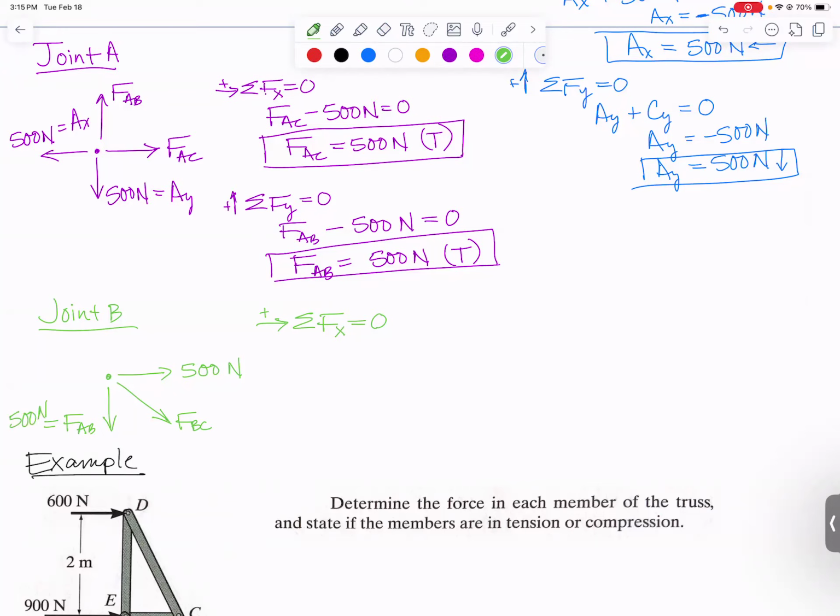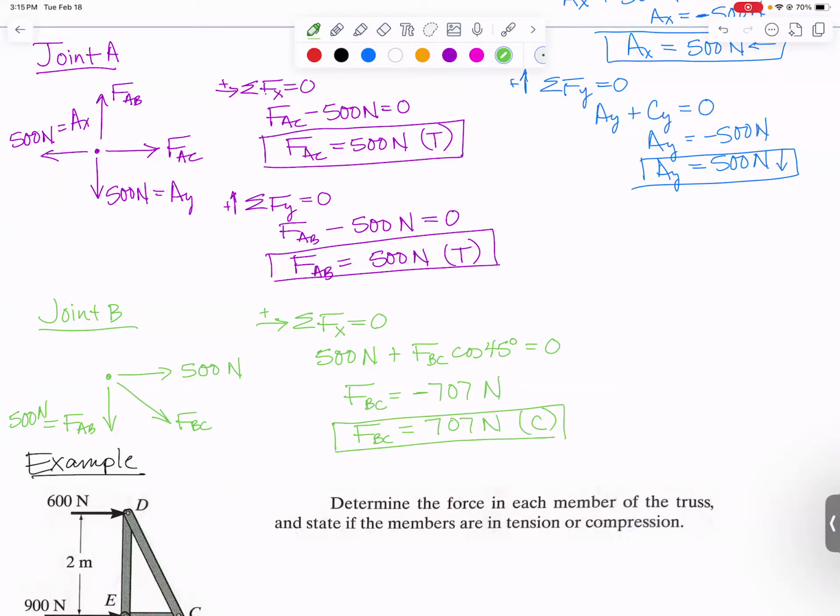Summing forces in the X direction, I've got 500 newtons to the right plus FBC times the cosine of 45 degrees equals 0. Solving, I get FBC comes out to be minus 707 newtons. And the negative sign means that FBC has a force magnitude of 707 newtons and it is in compression.